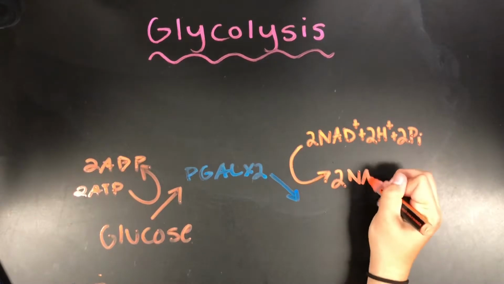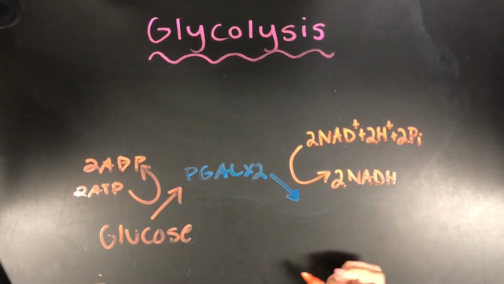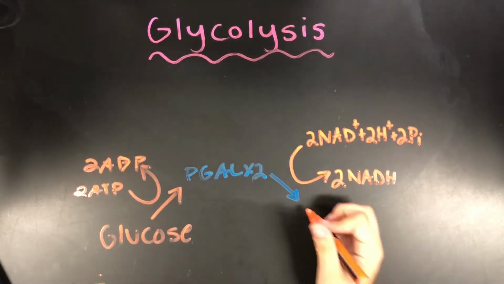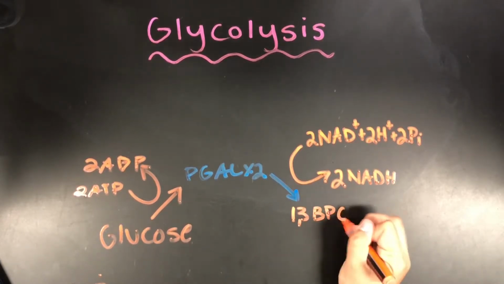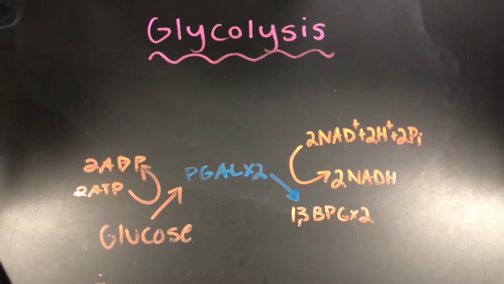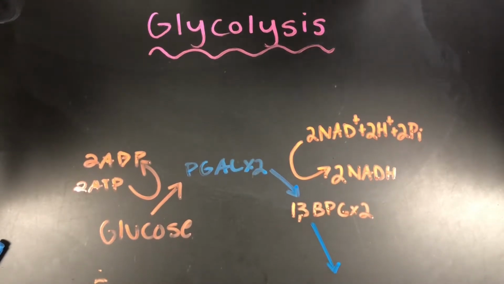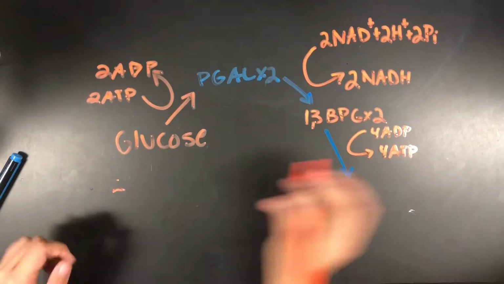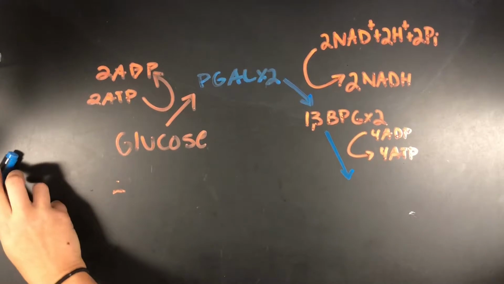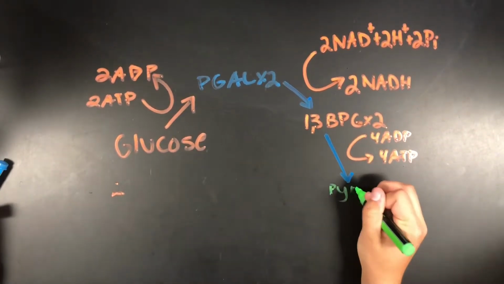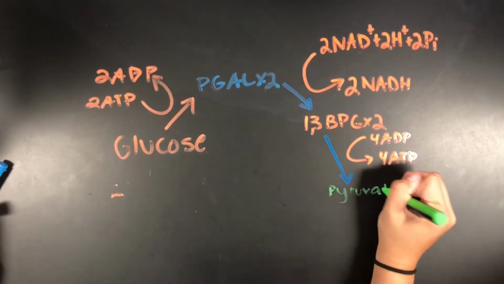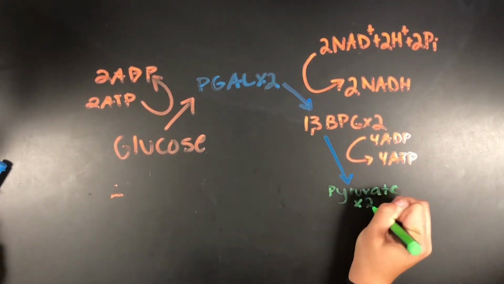At the end of the cycle, there are a total of 4 ATPs, with a net gain of 2. Two pyruvates are also produced from glycolysis.